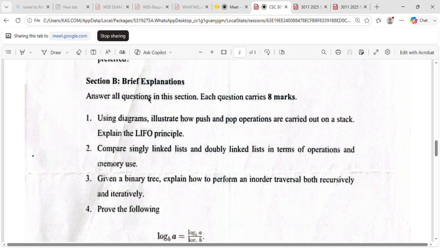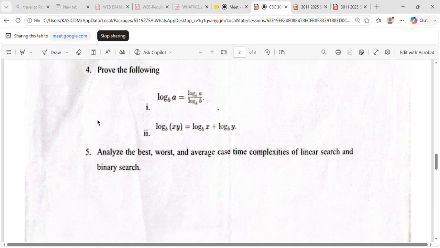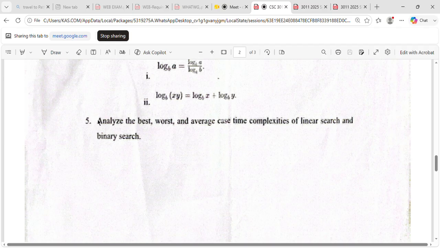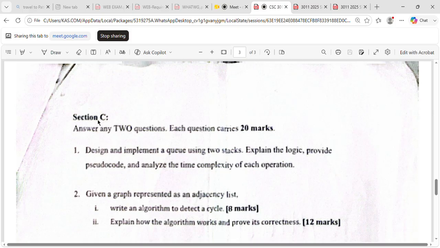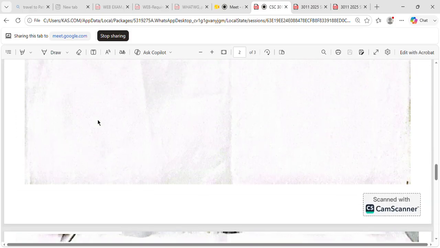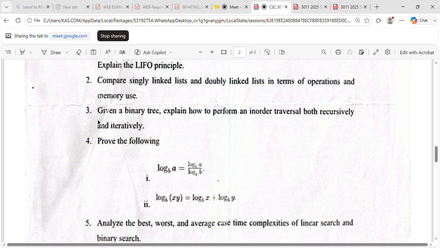Right, so section B was a brief explanation, and each question carries 8 marks. So basically 8 by 5, and if you do that calculation, it gives you 40.